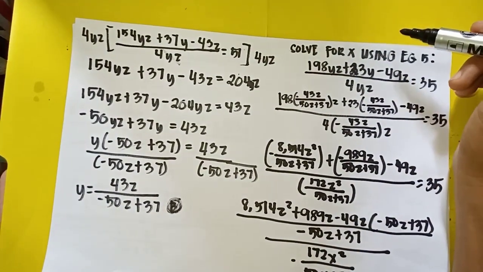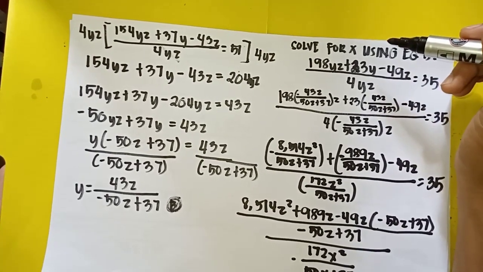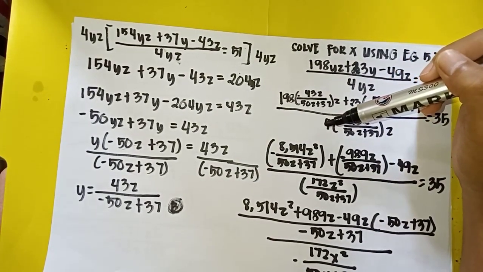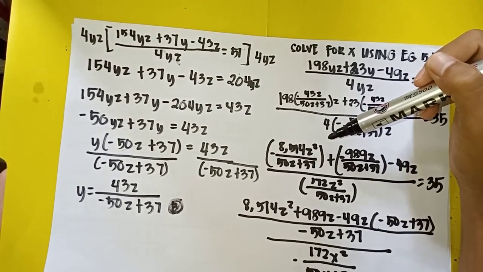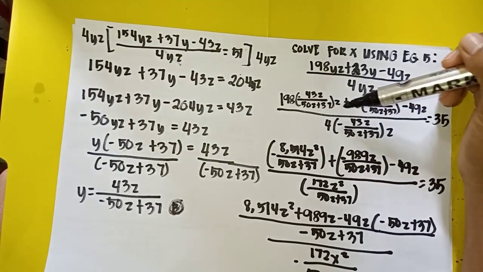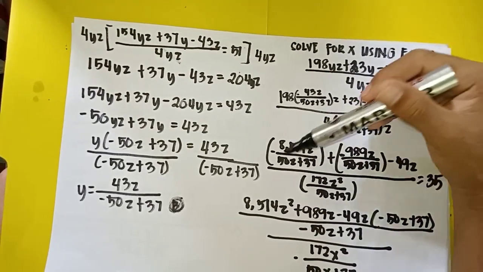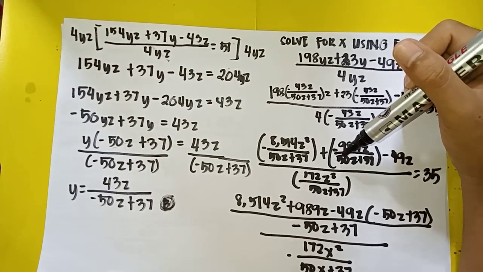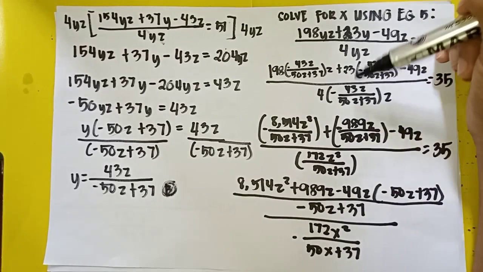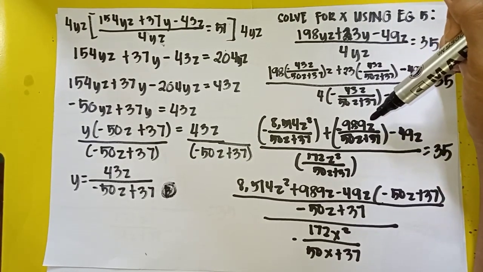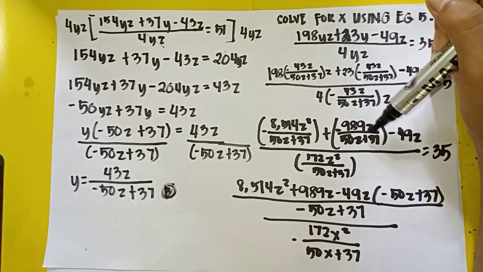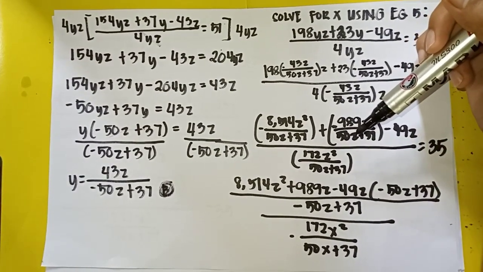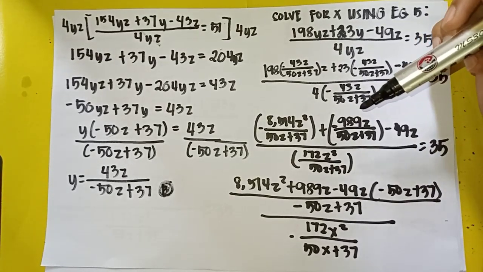So 198 times 43 is 8,514z squared, and then over negative 50z plus 37, plus 23 times 43 is 989z over negative 50z plus 37, minus 49z over 172z over negative 50z plus 37, equals 35.